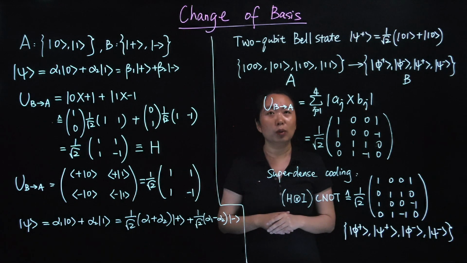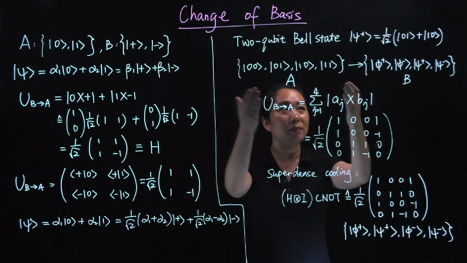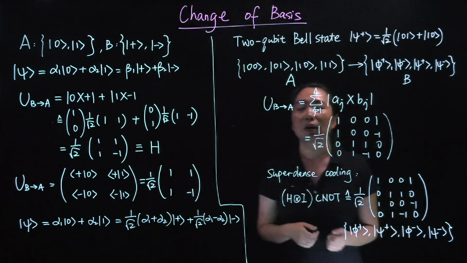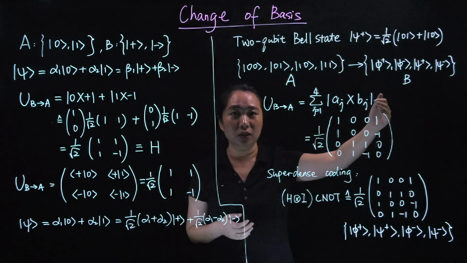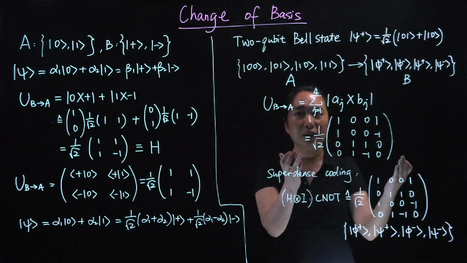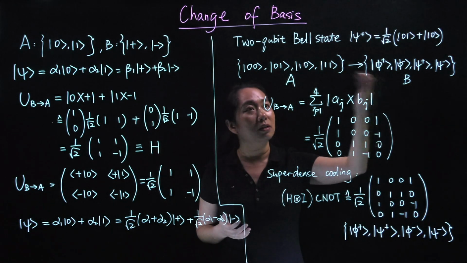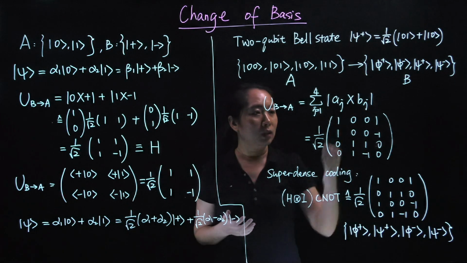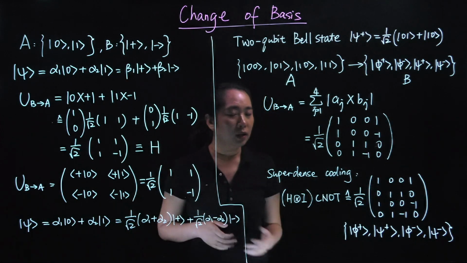And what is the change of basis operator between the computational basis and the Bell basis? We can just follow the recipe that we had worked out in general and find the matrix representation of this change of basis transformation from the B basis to the A basis, which is given by this 4x4 matrix.